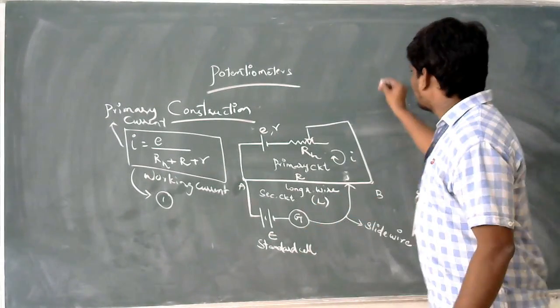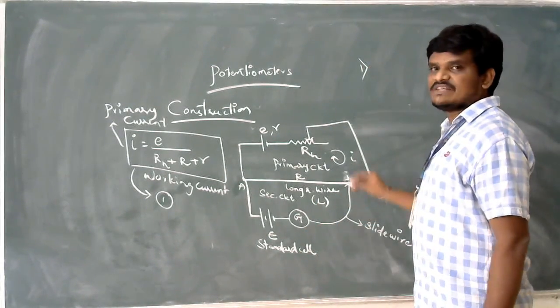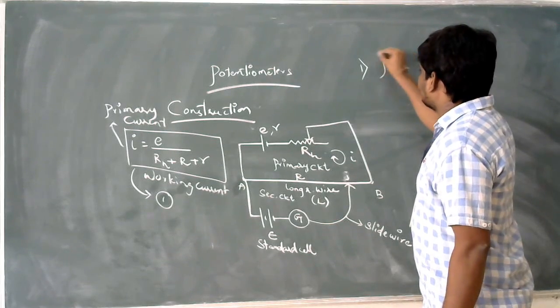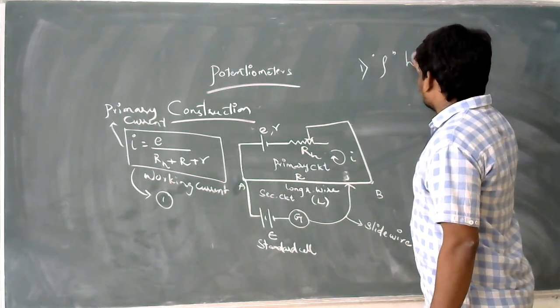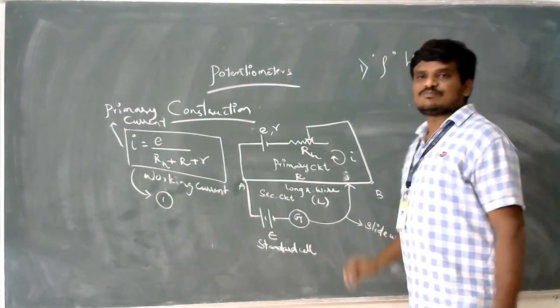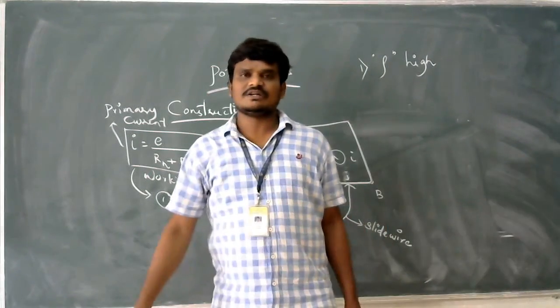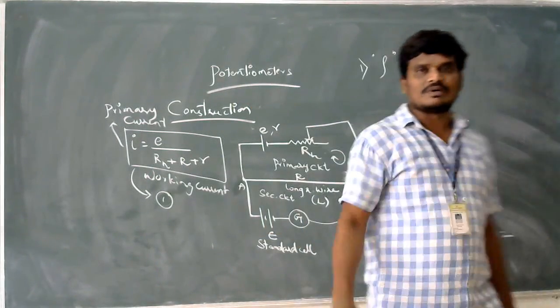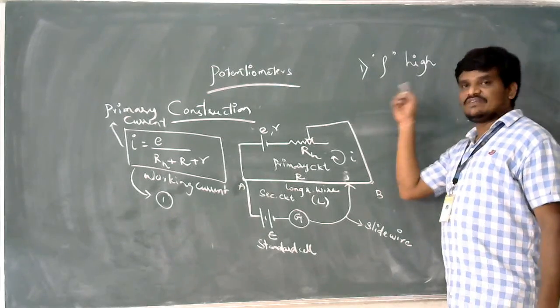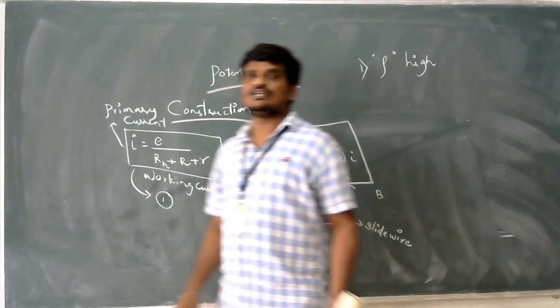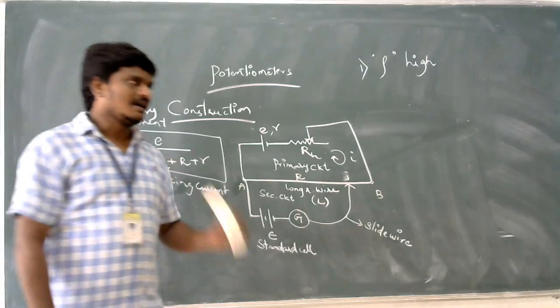The first property is that the specific resistance of a potentiometer should be high. What is the first property? The specific resistance offered by the potentiometer should be very high.